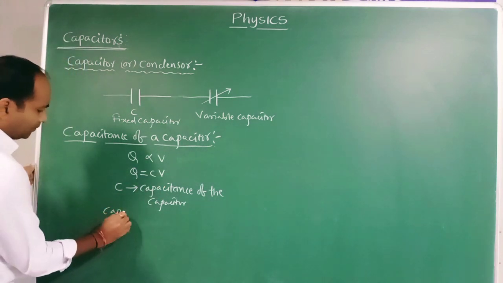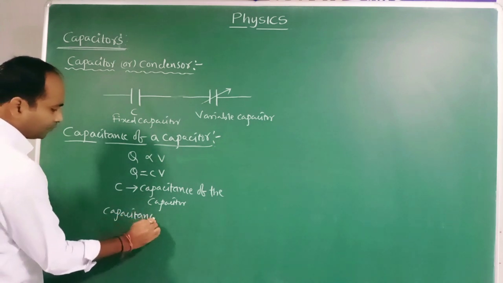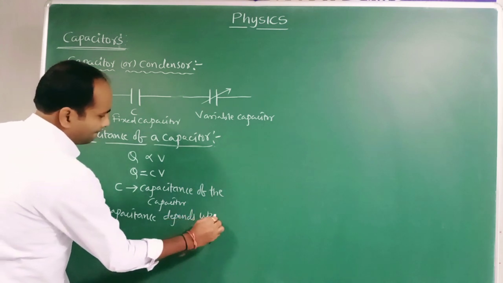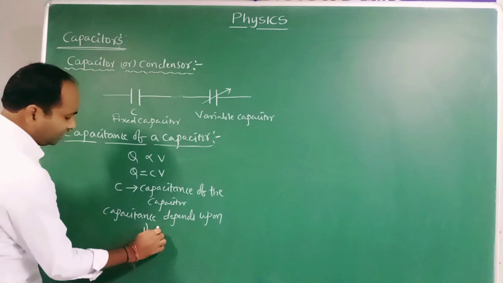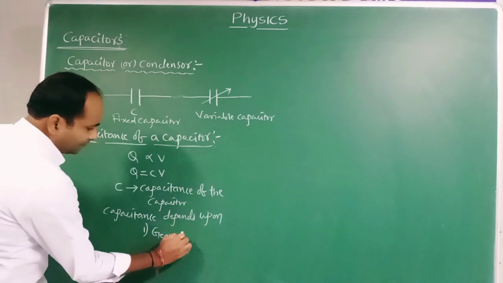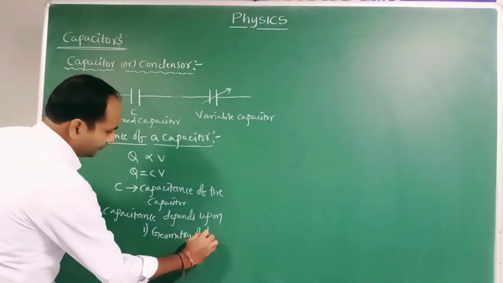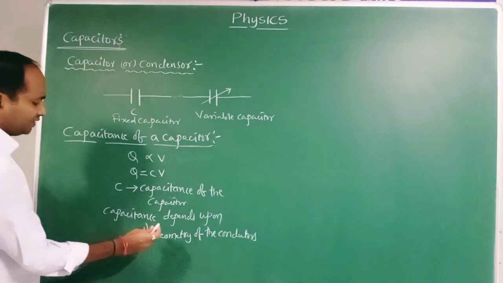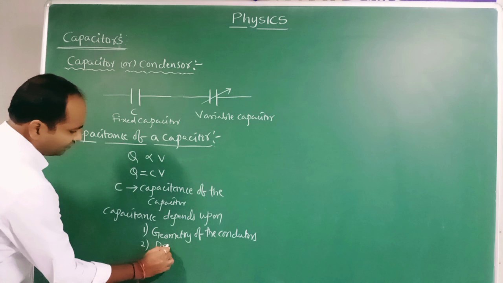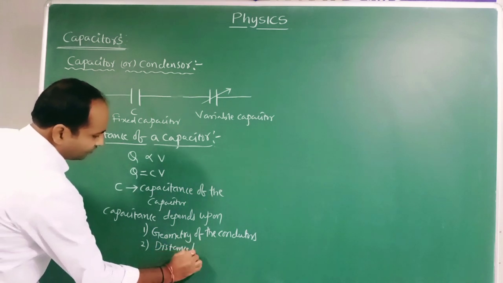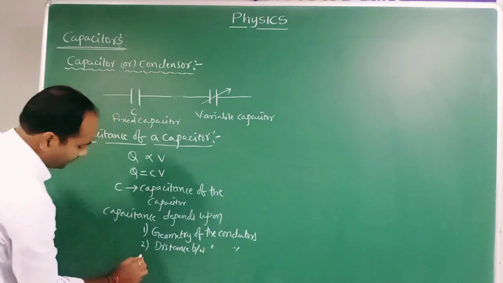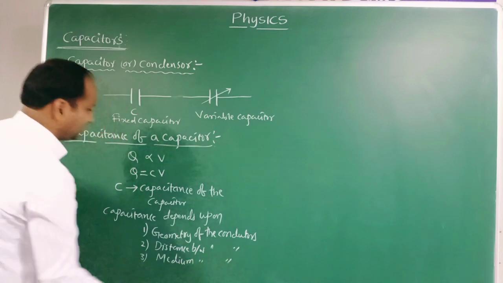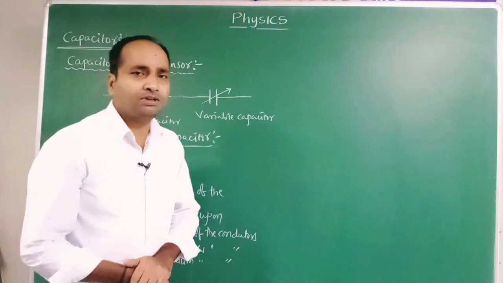Capacitance depends upon the geometry of the conductors, that is the shape and size of the conductors, the distance between the conductors, and the medium between the conductors.